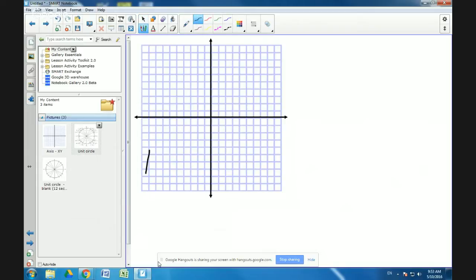So we are going to look at y equals 2^x. So 2 is going to be our base, so we're going to make a function table.